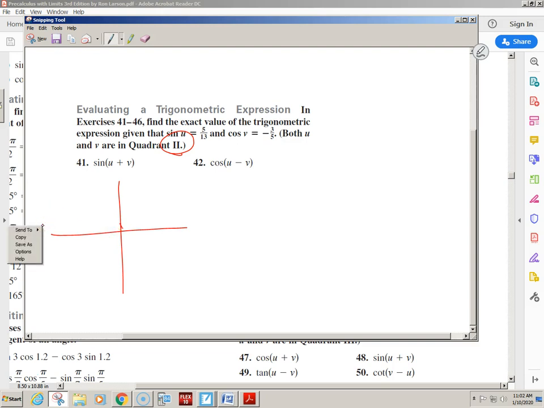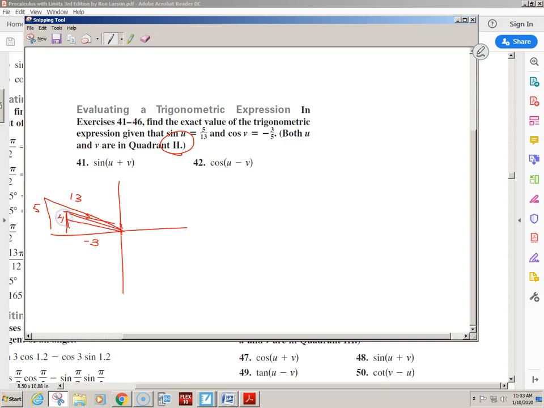Long 13, short 5. And then semi-long 5, and then short 3. Okay, so there's my 13, there's my 5, there's my 5, and there's my negative 3. Oh, sorry, that should be a little higher.